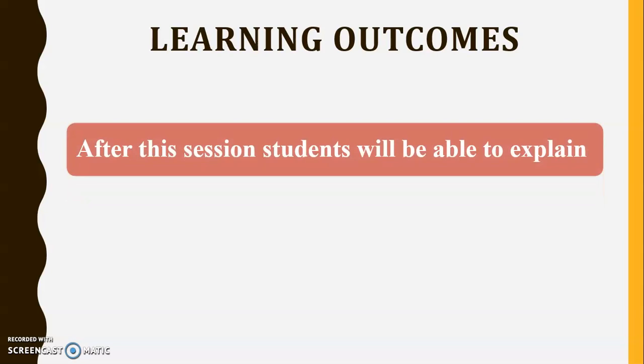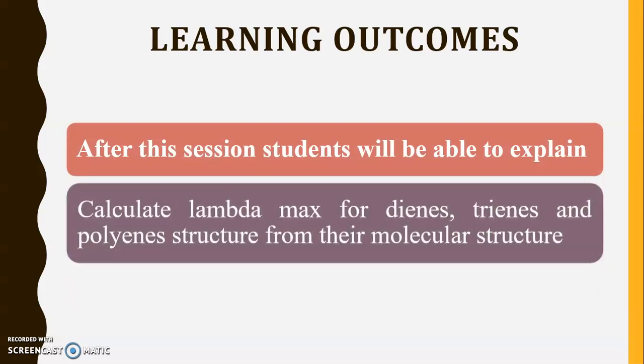After this session, students will be able to explain or calculate the lambda max of dienes, trienes, and polyenes from their molecular structure. Now, this Woodward Fieser rule is applied to two different sets of compounds.